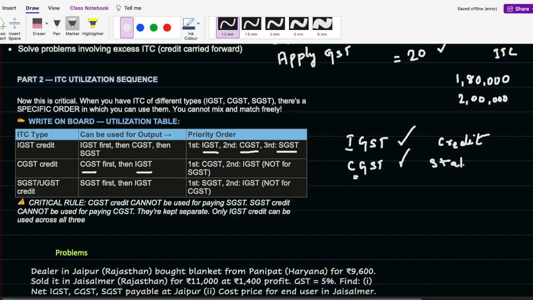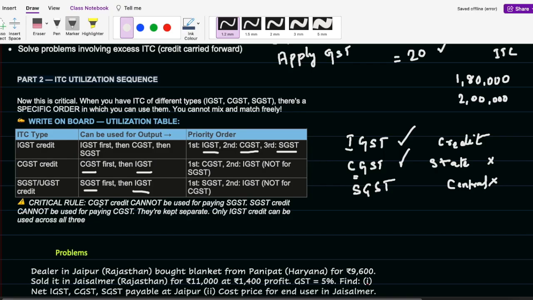Is it clear? Very important point. If you are having SGST, you can use it for SGST first, then IGST to claim, but you cannot do it for CGST, center. You can't do it for central GST. Hope this is clear. Got it?